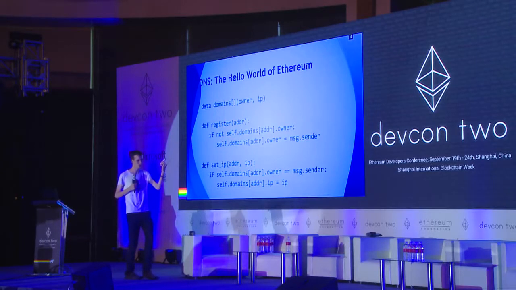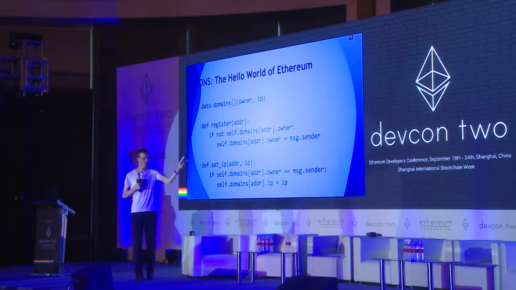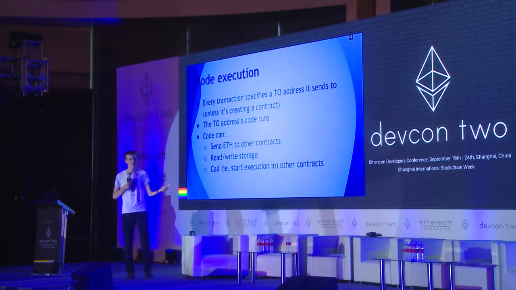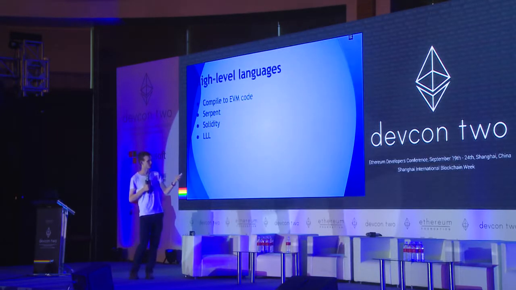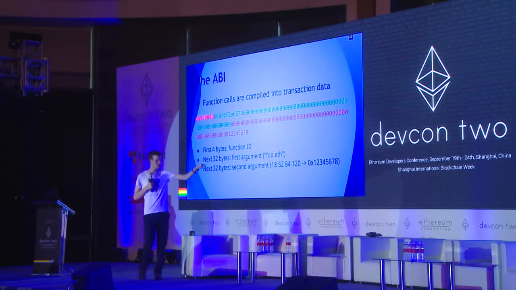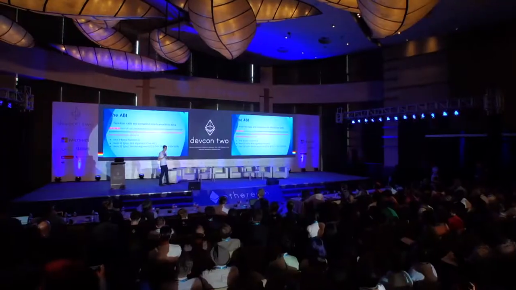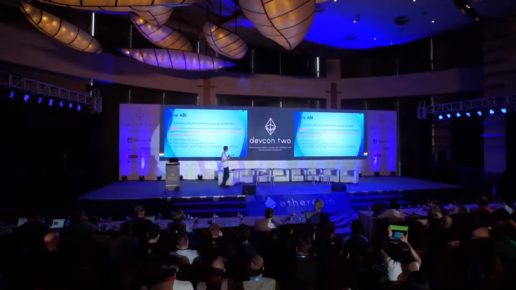So the way that you actually do a call is by sending a transaction. The way that you specify what you're calling is in transaction data, and there exists this nice standardized algorithm called the ABI by which you can encode the data. So the first 4 bytes represent the function ID, then 32 bytes for the first argument, then 32 bytes for the second argument. If you have variable-sized arguments, it gets more complex, but feel free to research this.